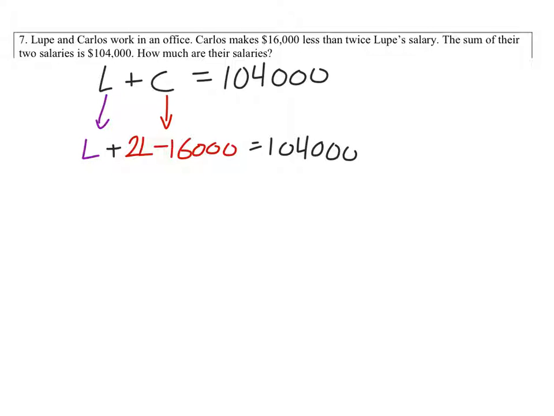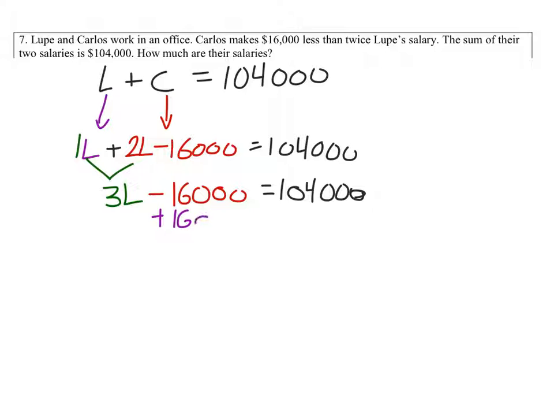Well, to solve with these, I got 1 L and then these 2 L's, which gives us 3 L's, minus the $16,000. Bam. We're getting closer. So right here, I would have to add 16 grand to both sides.